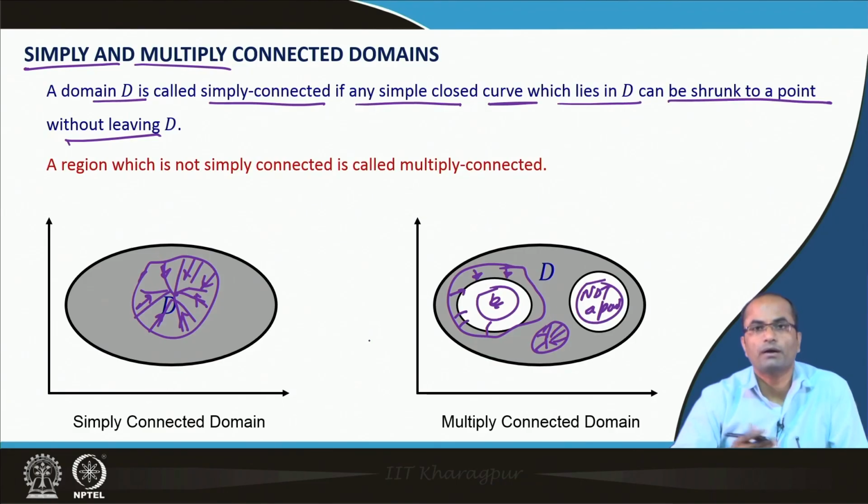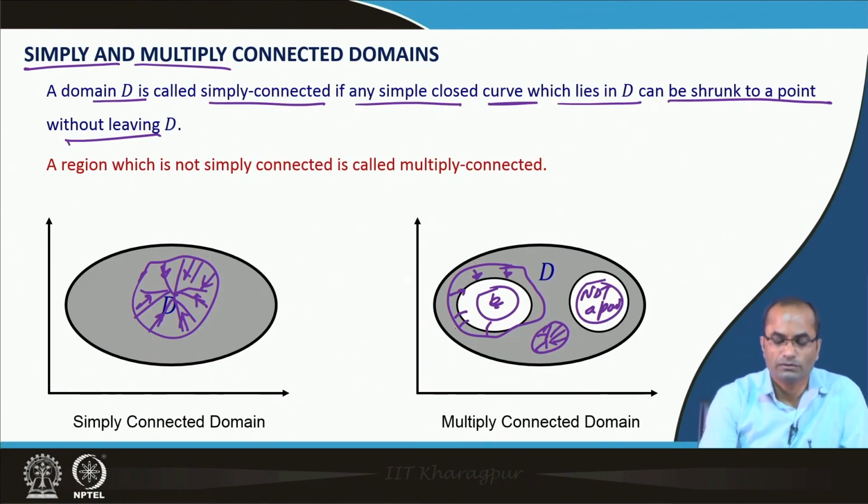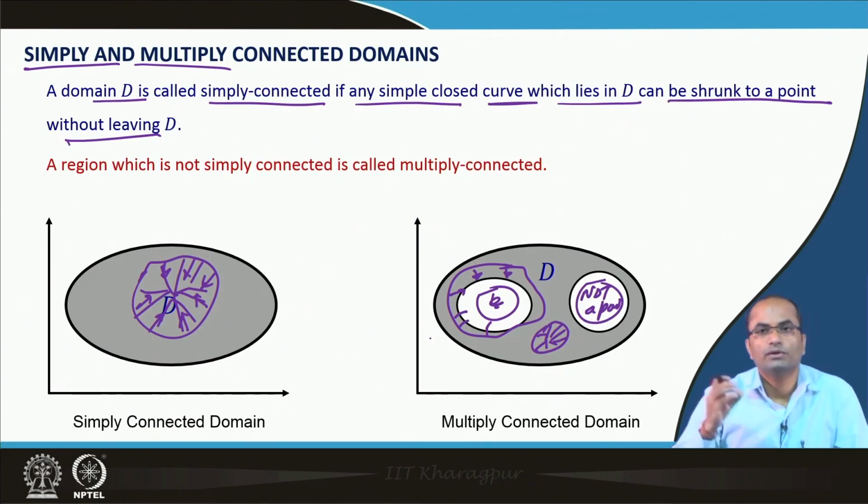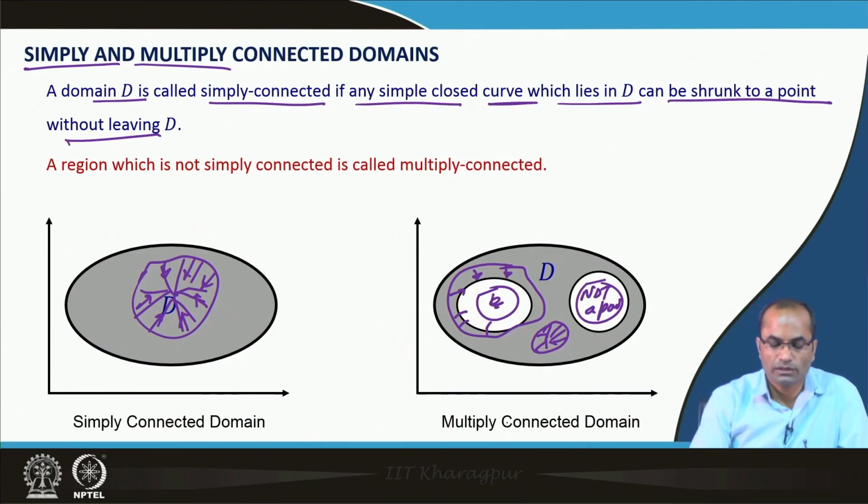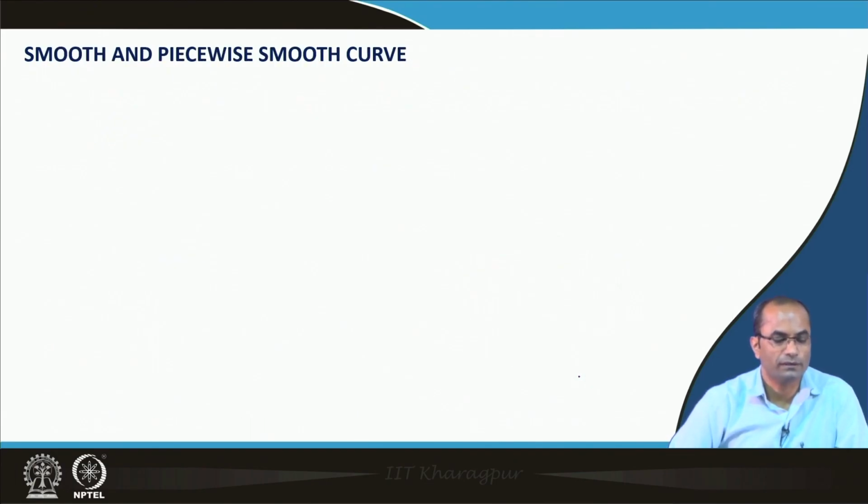These holes are not part of the domain, so we cannot continuously shrink such a curve to a point without leaving the domain. So, this is not a simply connected domain; such domains we call multiply connected domains. These are the two types of domains we will be considering now.